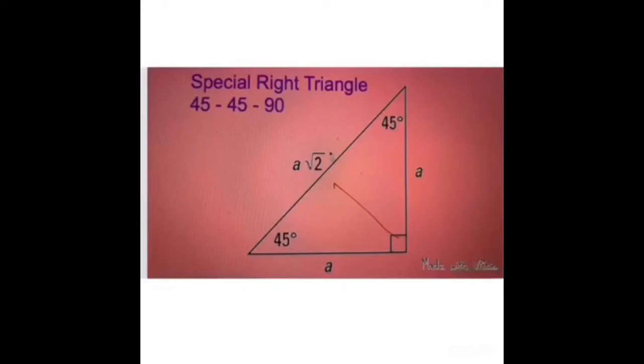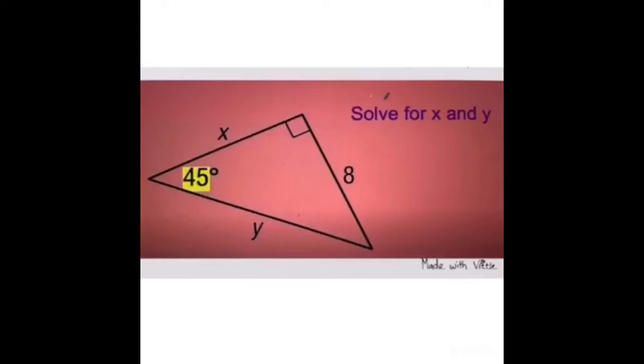Okay, so now let's apply these relationships to our first problem. For the first problem, solve for x and y. And I'm given that this is 45 and this is 90, so this has to be 45. Okay, so now that it's a triangle and I look at the legs, the one across 45 is 8, so that means the other 45 has to be 8, so x equals 8.